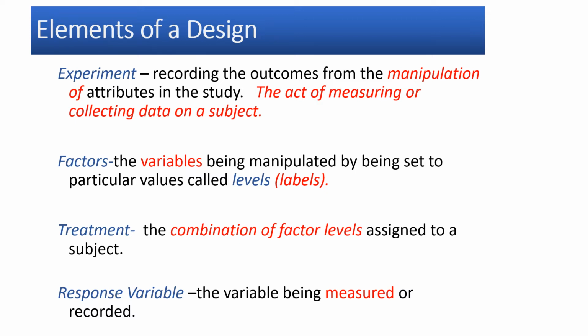Then the levels are the specific locations. So that would be Baylor, downtown, Central Texas Marketplace. Our treatments would be all combinations of the factors and levels. And then finally, the response variable is the variable that's being measured. So the average amount of traffic by each location daily.